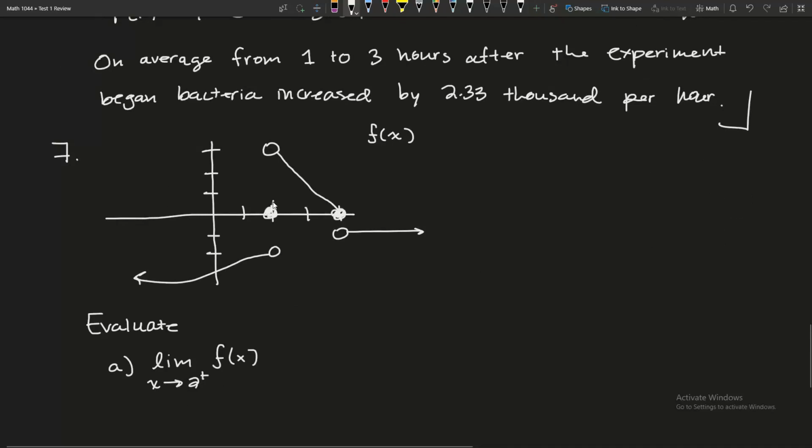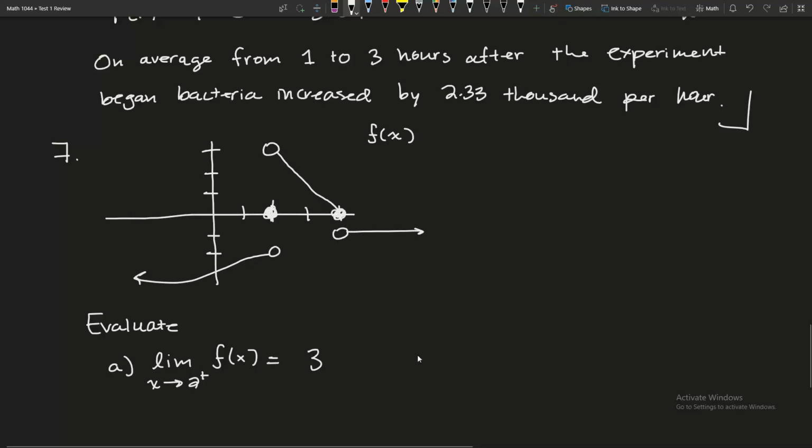So this is 2 right here. And we basically want to be on the curve and follow the curve as we're approaching 2 from the right. So if you're doing that, you're on this line down here, then you jump up from this open dot to this closed dot, and then you're approaching this dot. Remember, it's not about where the graph is at 2, it's about where it looks like it's going from the right. So from the right, it looks like it's traveling to the highest open dot there at 3. So for that reason, we would say the limit as f of x approaches 2 from the right is 3.